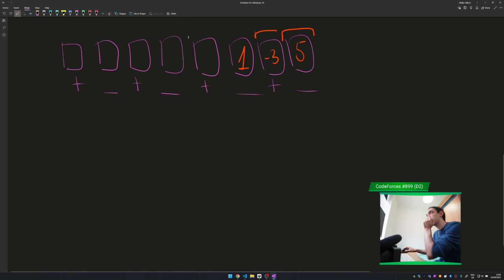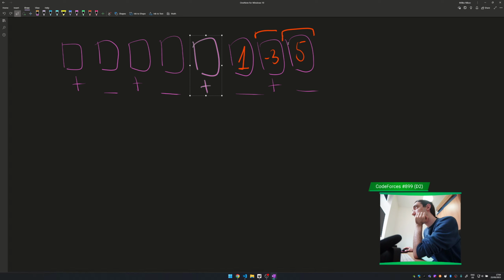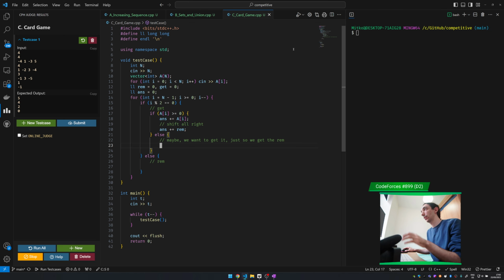But there could exist a smaller number here where we will shift them all, and a smaller negative number, we'll shift them all and get a bigger remaining. Right, is that correct?